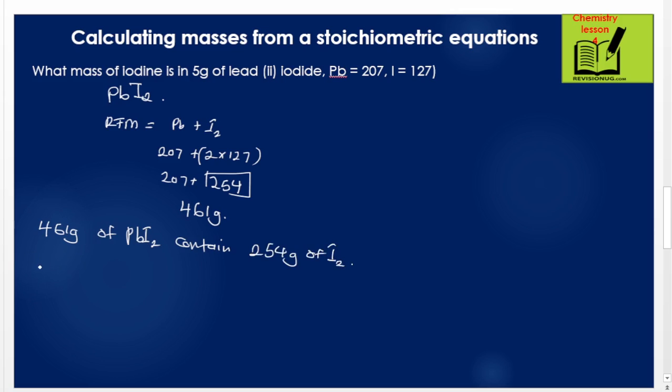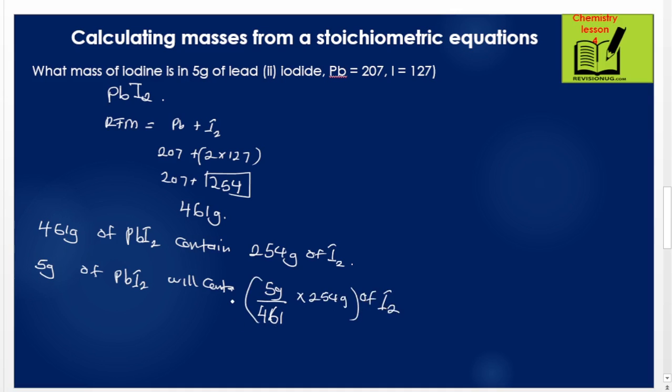Then how about 5 grams? 5 grams of lead iodide will contain 5 grams out of 461, and then times 254 grams of iodine.